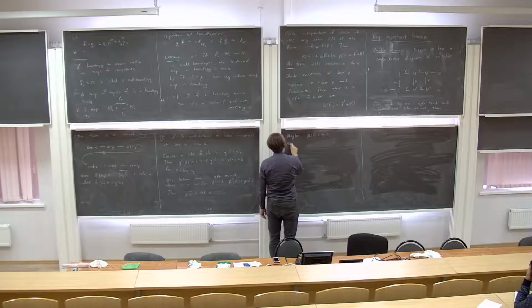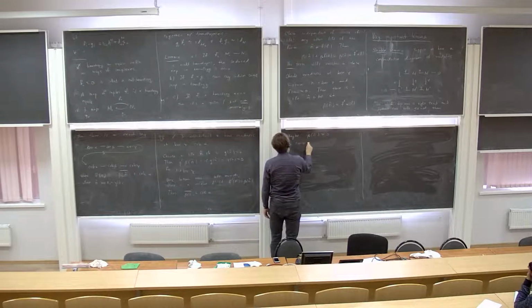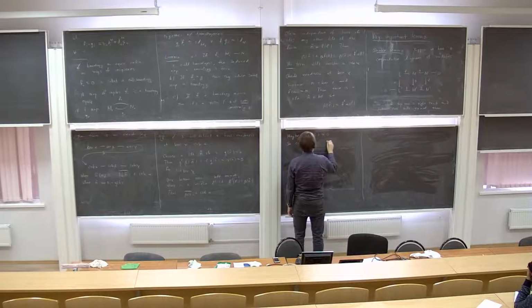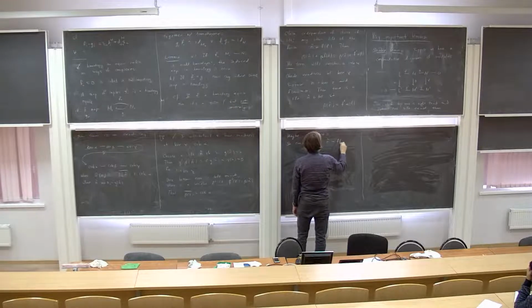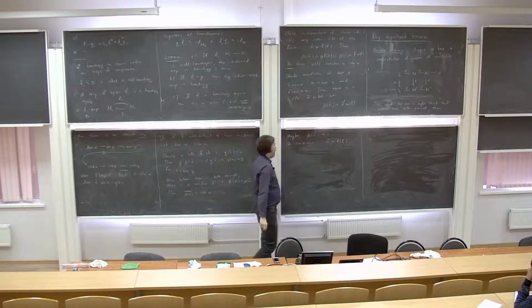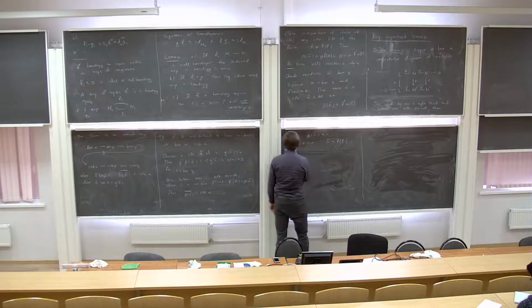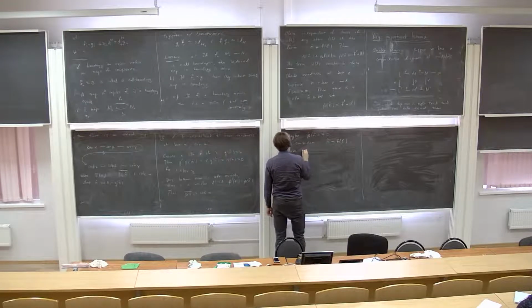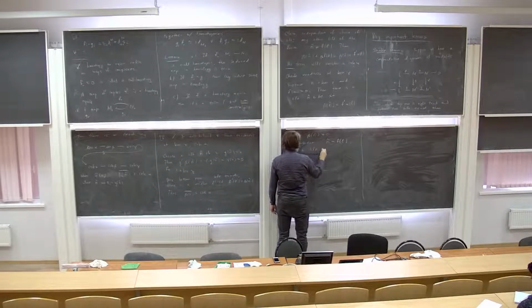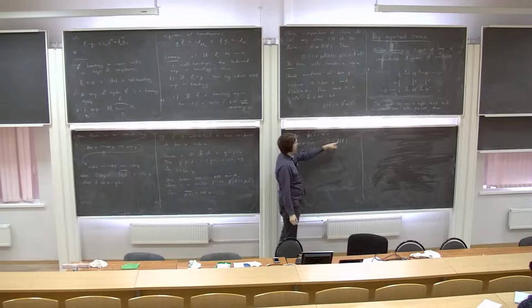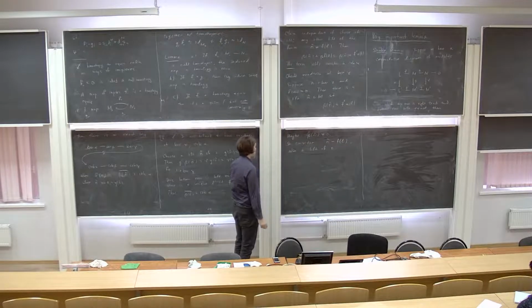So consider n tilde minus f of L. This is also a lift of n. Because if I apply g to this, I get g of n tilde, and g applied to f is 0.